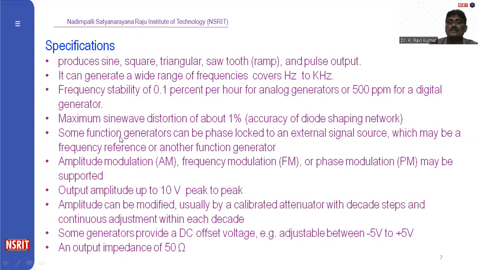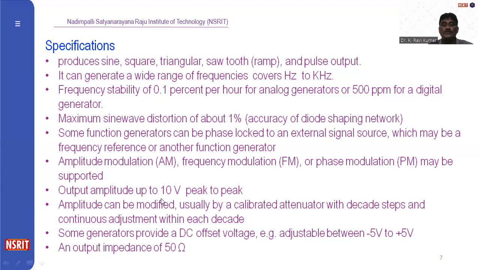Some function generators can be phase locked to an external signal source, which may be a frequency reference or another function generator. Okay. Amplitude modulation, frequency modulation, or phase modulation may be supported for the phase locking.